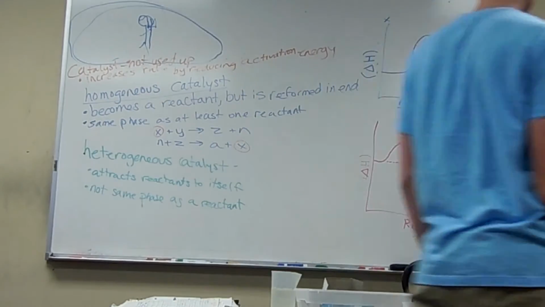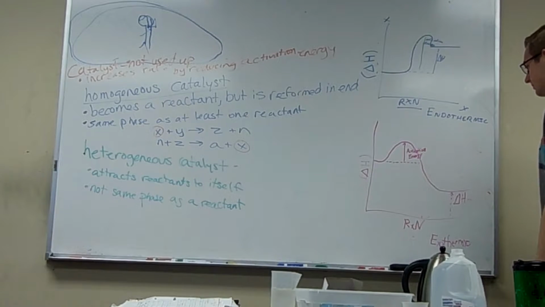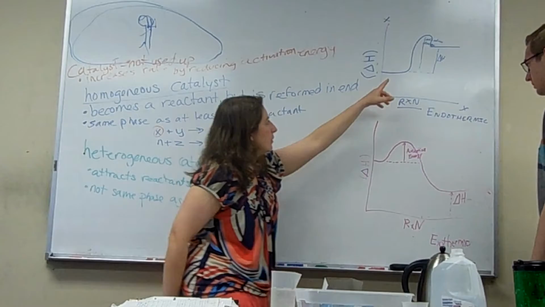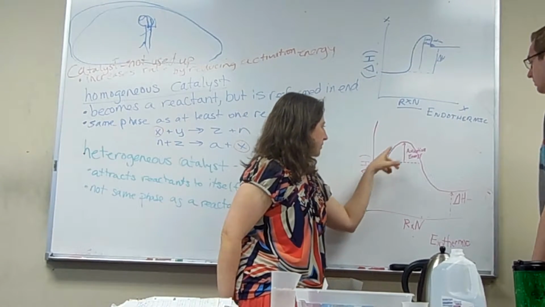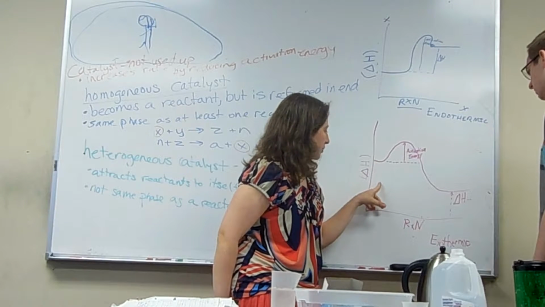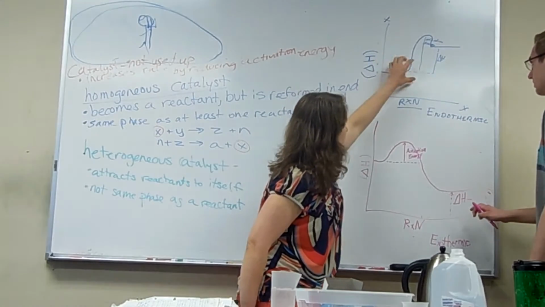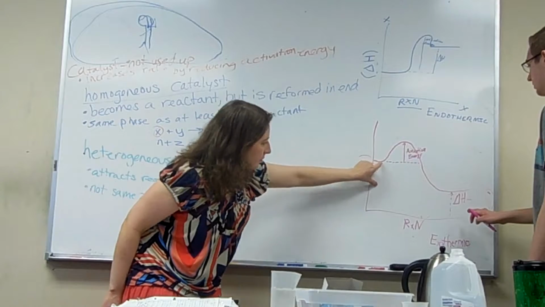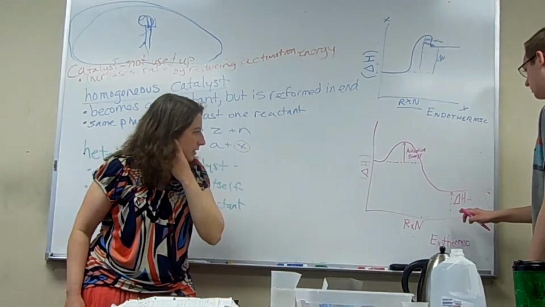So for activation energy, that's right. You always go activation energy always, regardless of if it's endo or exothermic. You always go from the energy of the reactants to the top. For delta H, you go energy of the reactants to energy of the products. So just put your delta H from start to finish.